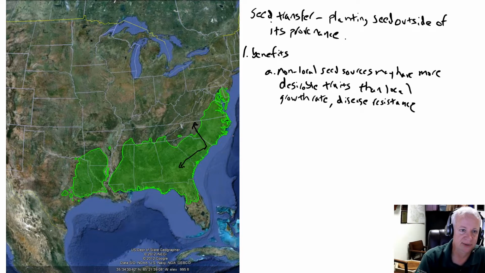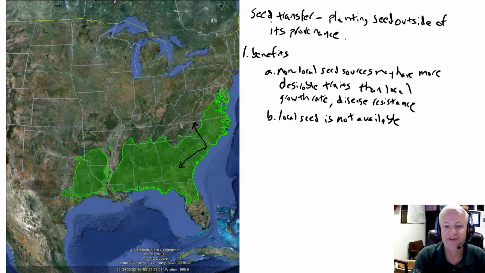There also are situations where local seed is not available. Say a very large area in a particular region needs to be reforested due to hurricane disturbance or wildfire disturbance, and there just isn't enough local provenance seed available.